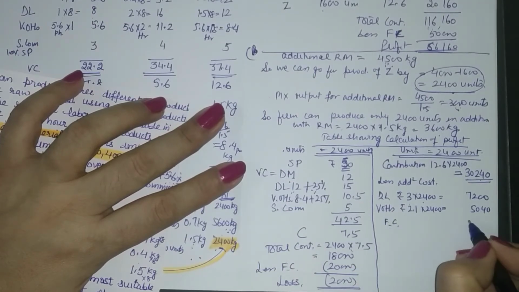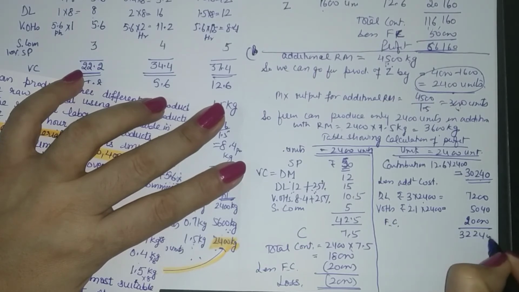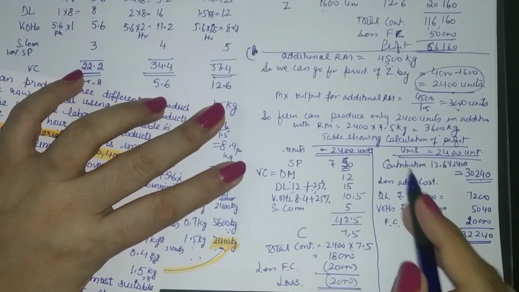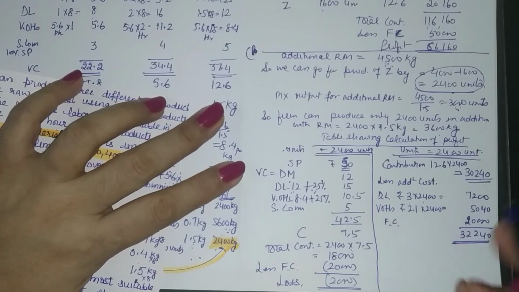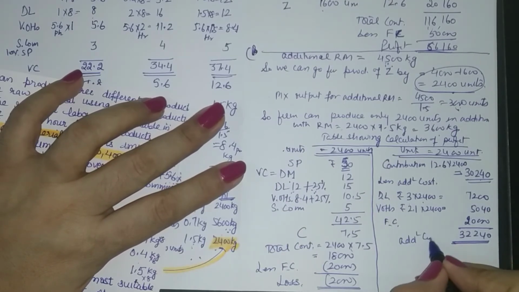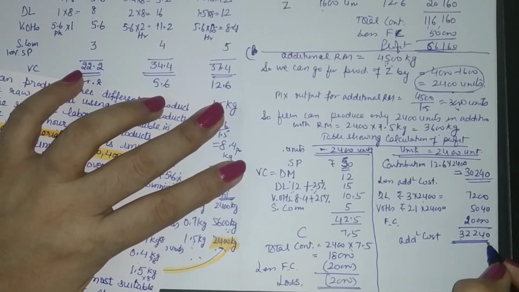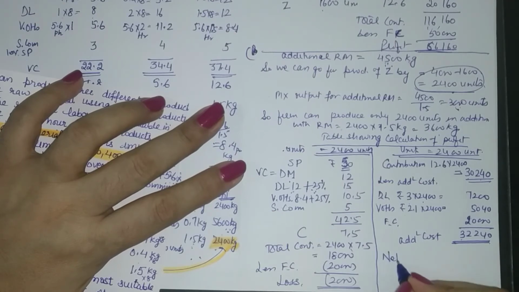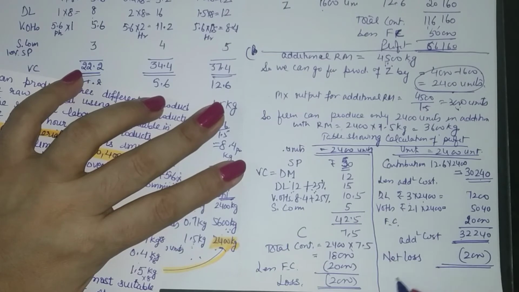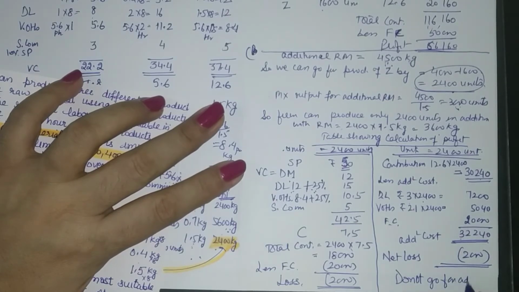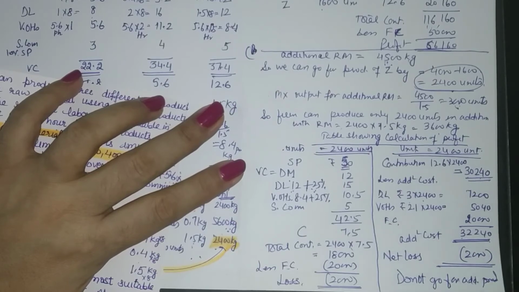On fixed cost, you will have to spend 20,000 rupees. That means on the whole, when you go for additional production, your additional contribution is this much, but your additional cost is going to be 32,240. So the net situation is you have a loss of 2,000. So don't go for additional production. This is your decision.